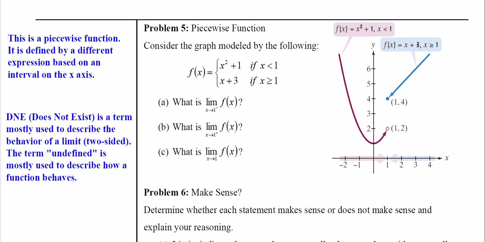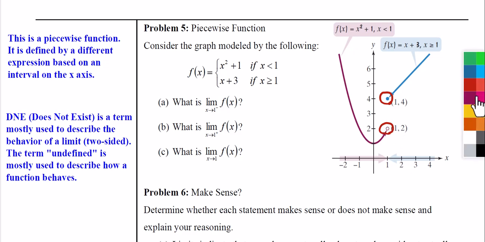Every piecewise function is different. There are some special piecewise functions that we might look at later. But for now, let's look at this graph, how it's acting a certain way, and then all of a sudden it acts a different way. Because this is a greater than or equal to, it has a solid dot right here. This is a less than, so there was an open dot at that point.